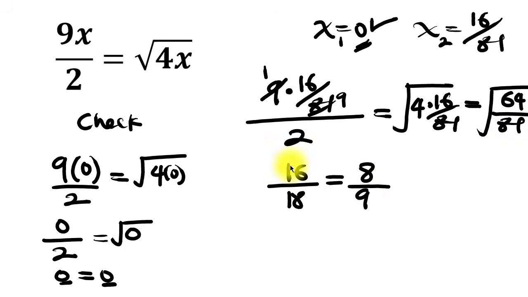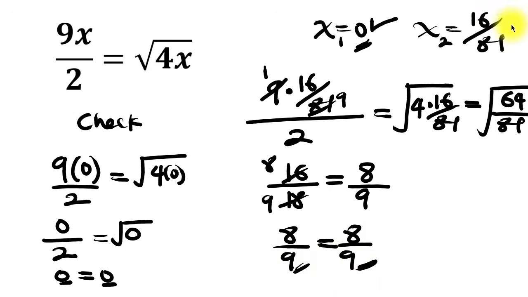So we can simplify the left-hand side. So 2 can go. 16 divided by 2 is 8. 18 divided by 2 is 9. So we have 8 over 9 on the left, which is equal to 8 over 9 on the right-hand side. So we're trying to say that 16 over 81 is also correct. So both answers are correct.